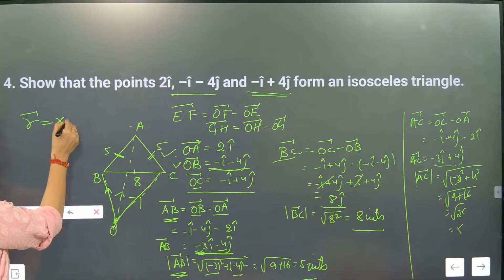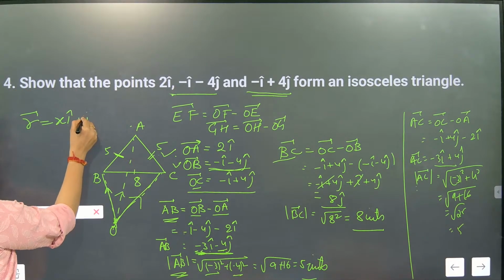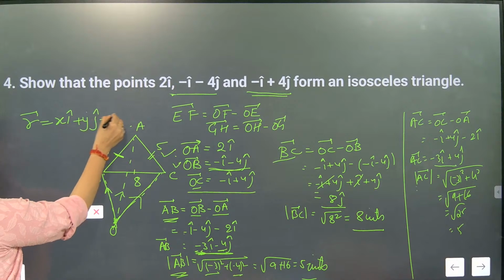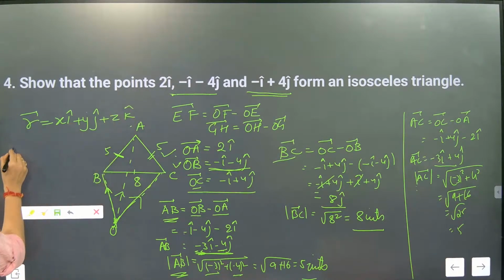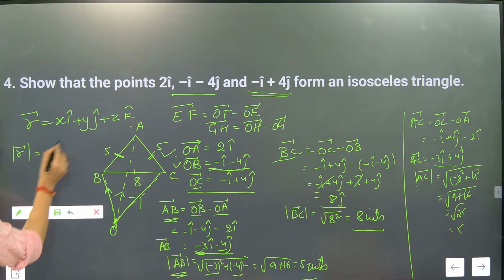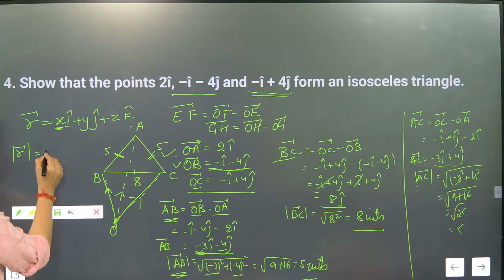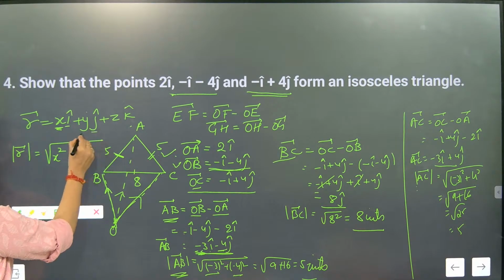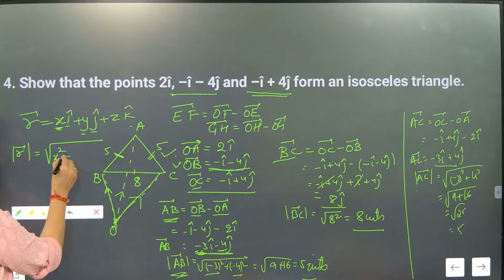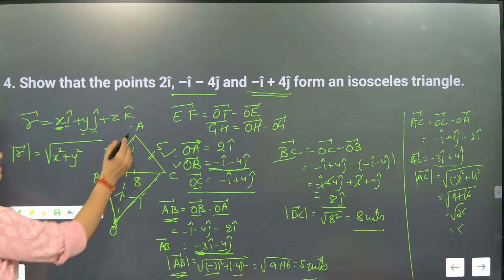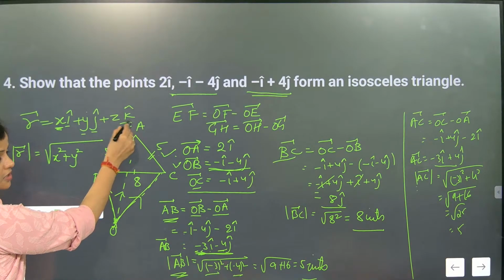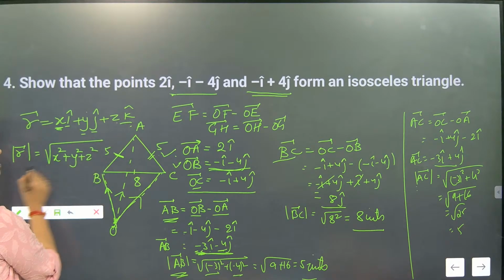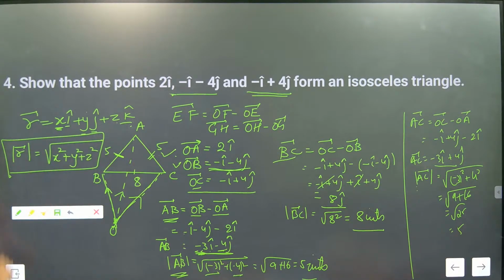R vector is xi plus yj plus zk. Its magnitude means, what is the coefficient of i? x. So you write x square. What is the coefficient of j? y. So it will become plus y square. What is the coefficient of k? z. So it will become z square. This is called magnitude.